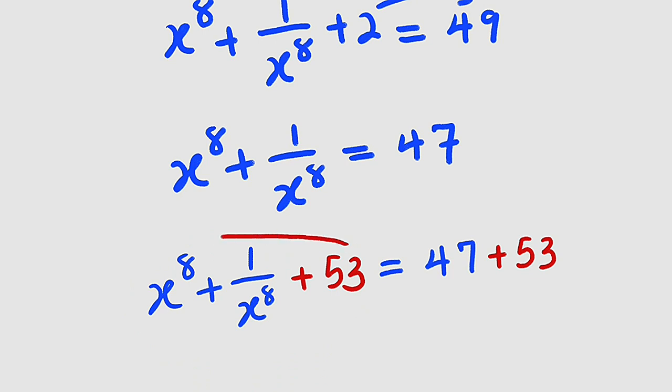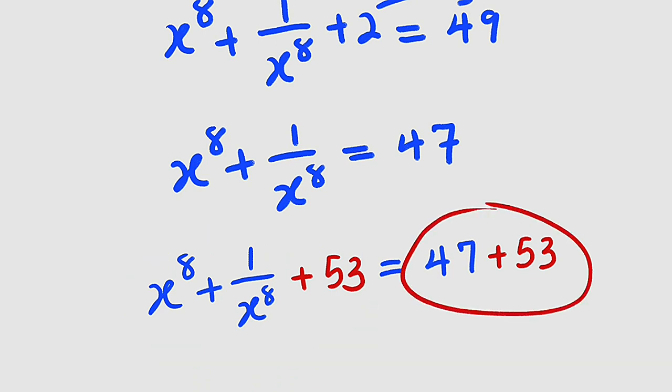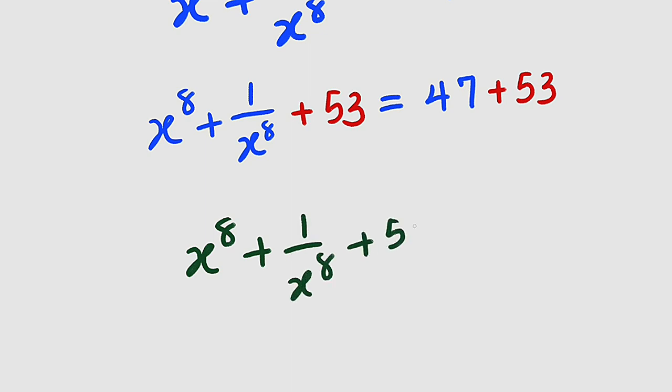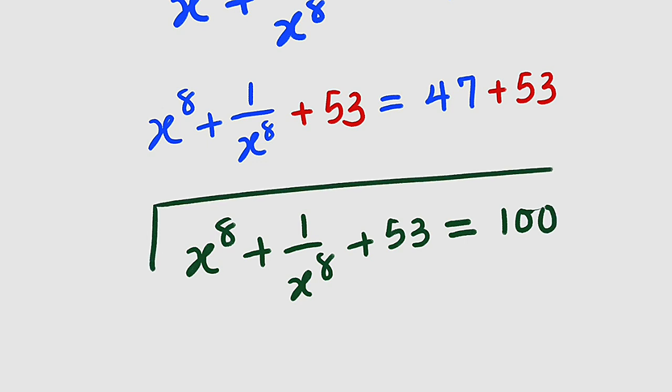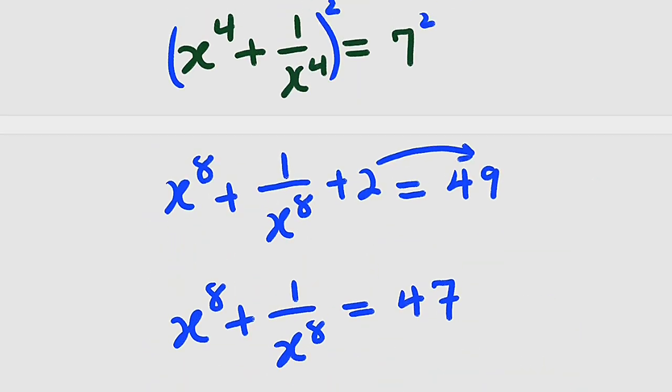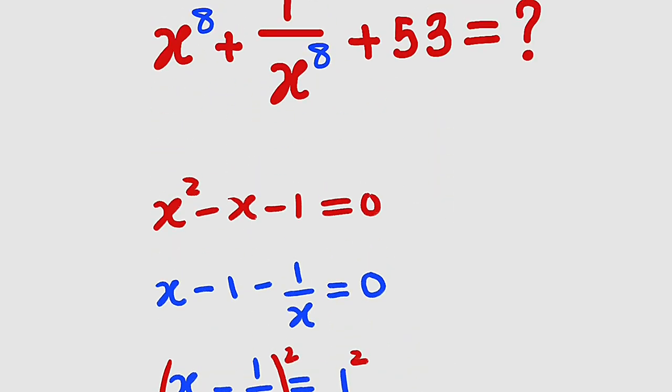So now you can see that this is exactly the expression we are looking for. All we have to do is simplify this. Finally, x to the power of 8 plus 1 divided by x to the power of 8 plus 53 is equal to 47 plus 53, which is 100. And hence the solution to this problem is just 100, provided that the first given equation is equal to 0.